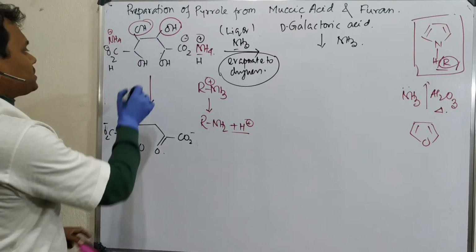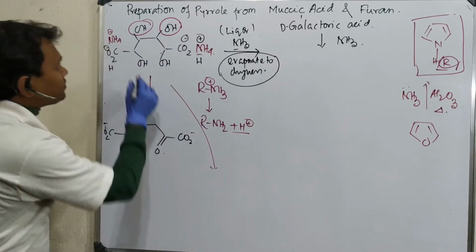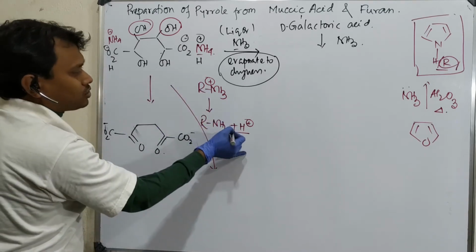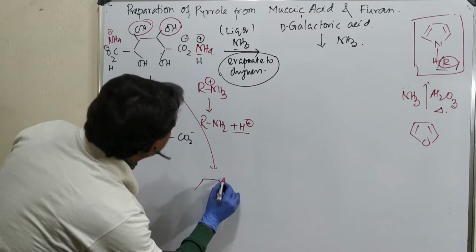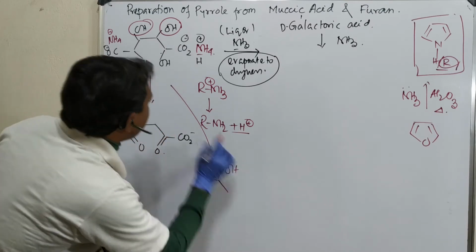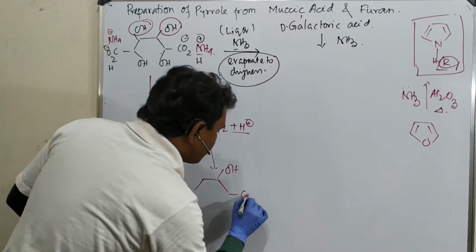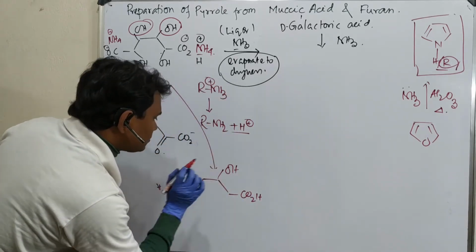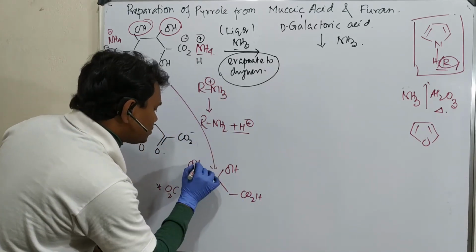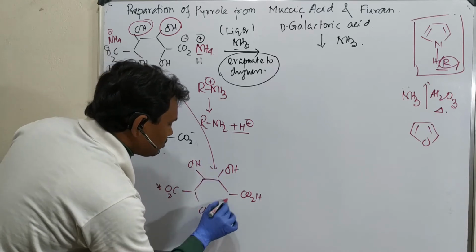So what happens? Just think. If it eliminated, there are lots of H plus. First of all, this is OH. I have written it because it will give you a better understanding of the process. So this is OH, OH, OH.